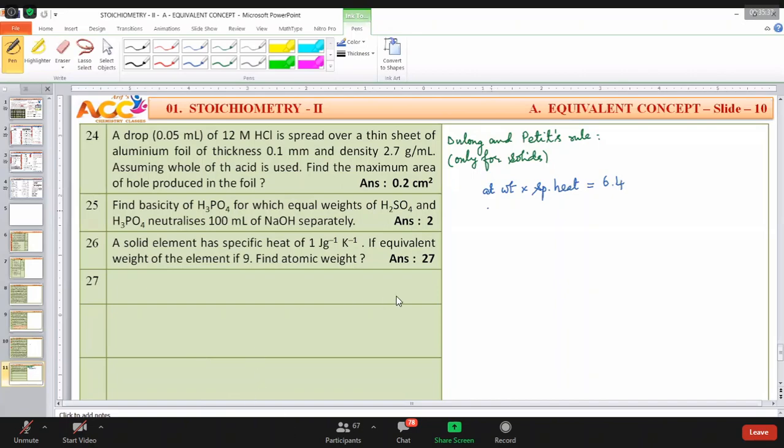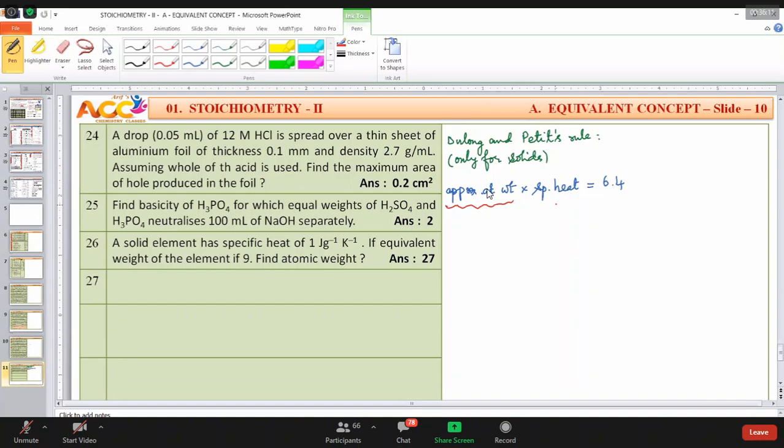There are 3 points to remember regarding Dulong and Petit's rule. Point number 1, applicable for solids. Point number 2, this will never give you the exact value of atomic weight. Therefore, the formula is: approximate atomic weight into specific heat is 6.4. Remember, this is important. It will give you only the approximate value of atomic weight.